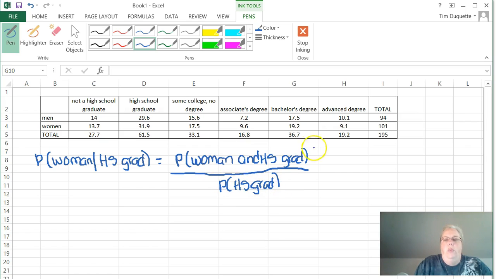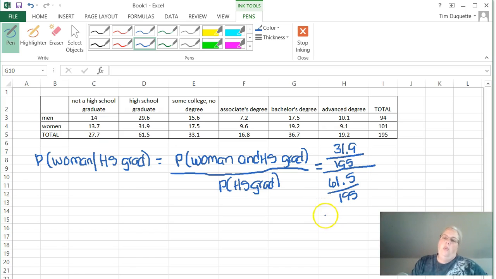Okay? Well, we said the probability of being a woman and a high school grad was right here, the 31.9, divided by the 195, and then the probability of being a high school graduate was down here, it was the 61.5, divided by the 195. Now you have to remember back, in the way back, when you learned how to divide fractions.